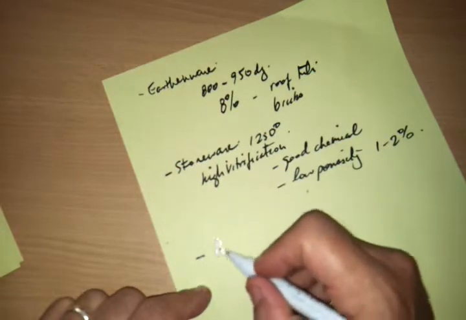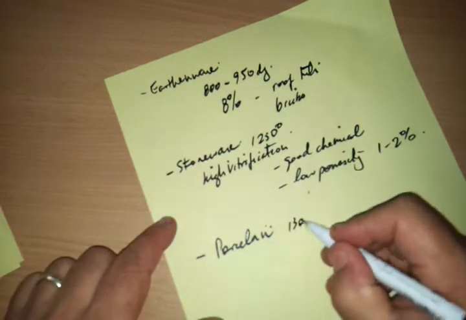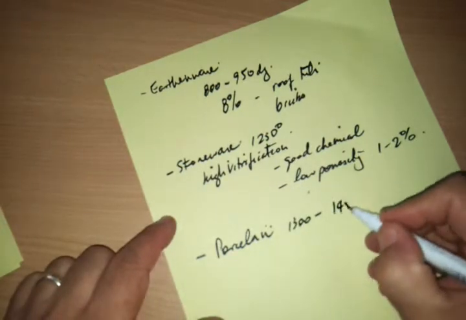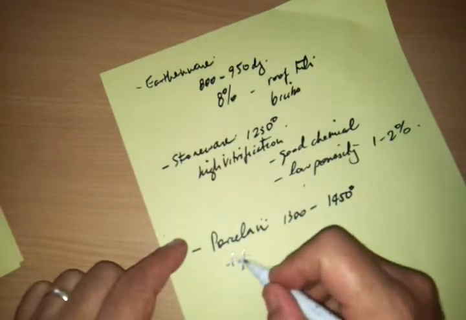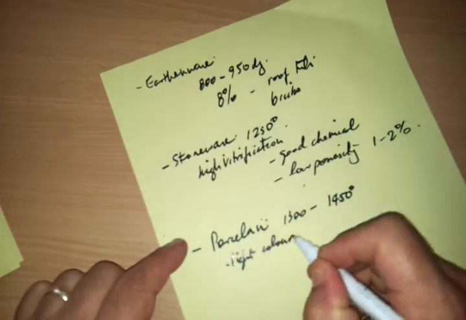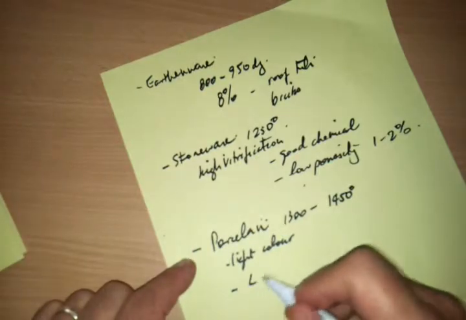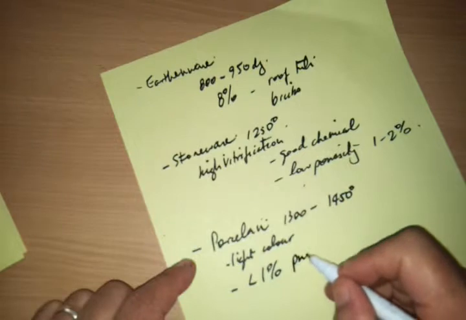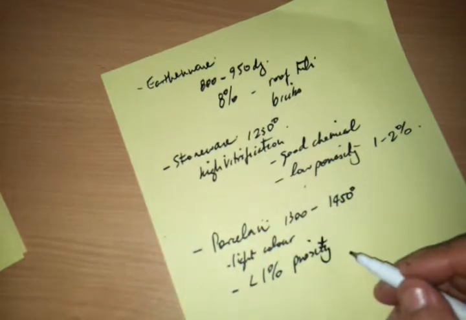Next comes porcelain, and porcelain is fired between 1300 and 1450 degrees. As you can imagine, it's usually a light colour, but it's almost completely vitrified. It has less than 1% porosity, so it doesn't allow water to go through it much at all.